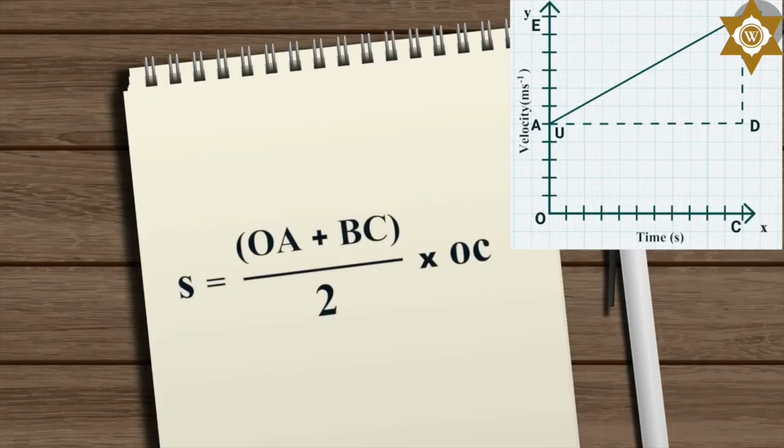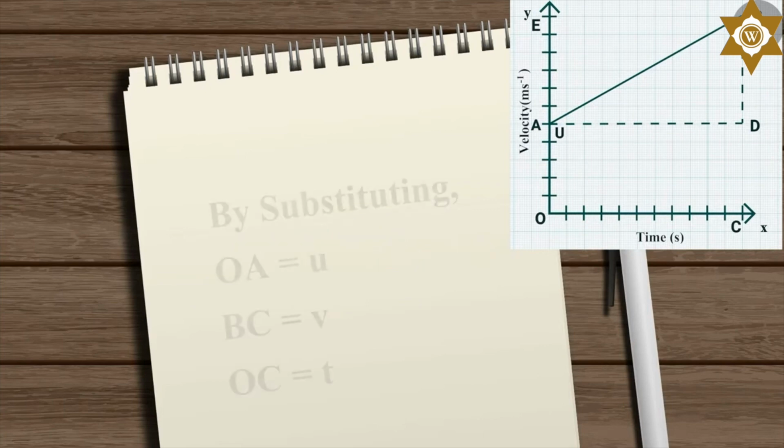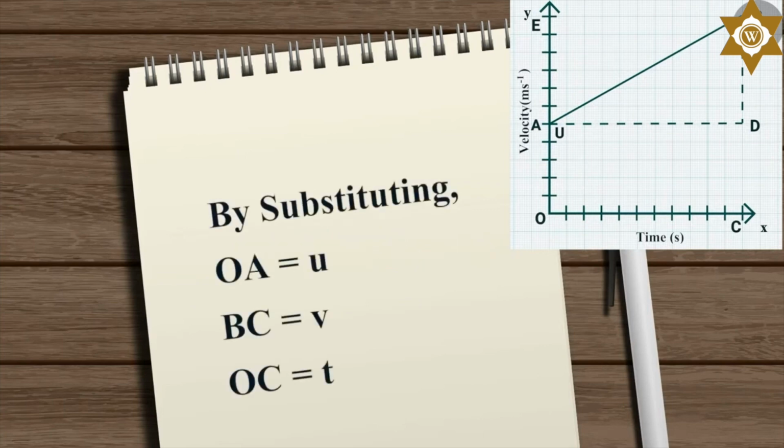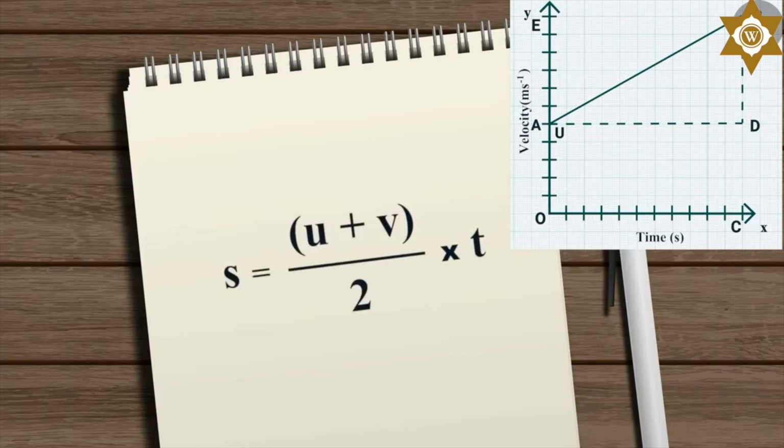Now, by applying the formula for the area of trapezium, we get s is equal to OA plus BC upon 2 multiplied by OC. By substituting the value of OA is equal to u, BC is equal to v and OC is equal to t, we get s is equal to u plus v upon 2 multiplied by t.